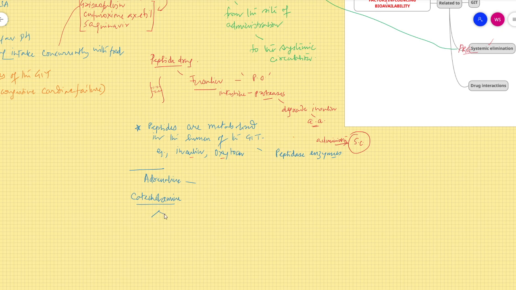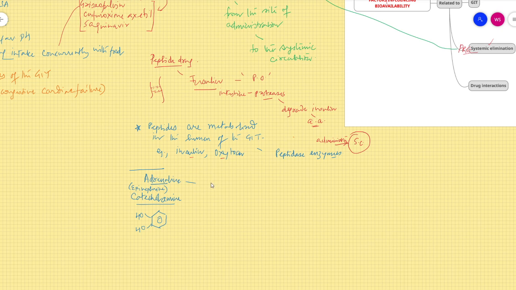So what's a catechol nucleus? Okay, so that's a catechol group. So therefore it's called a catecholamine. Adrenaline is also called epinephrine.